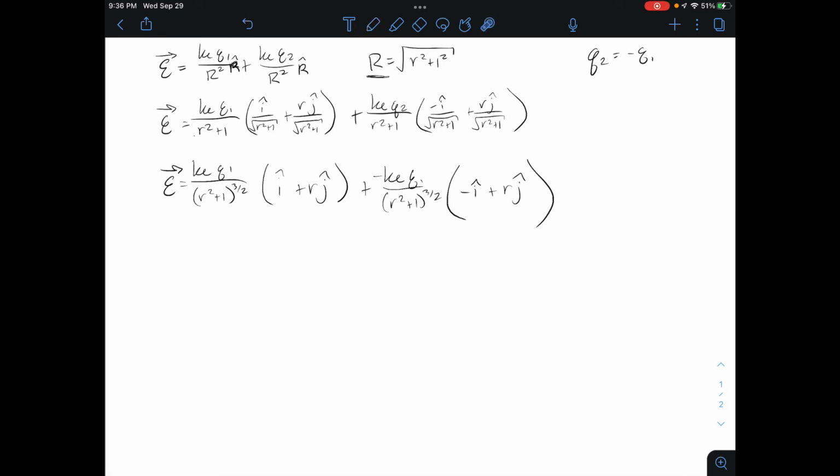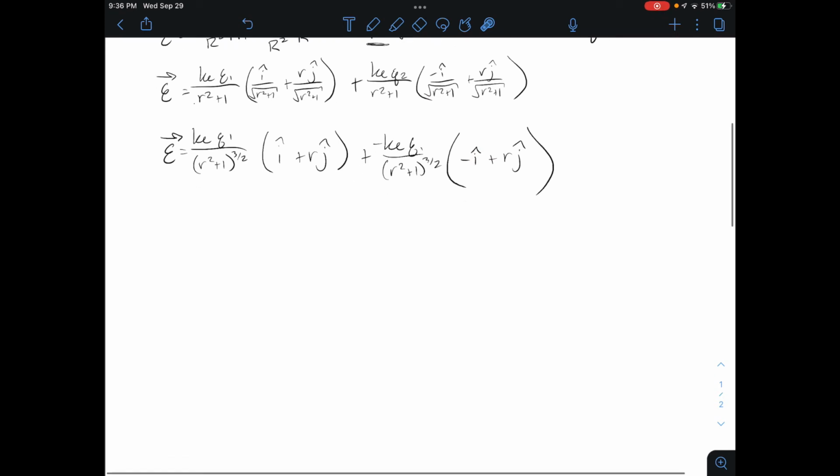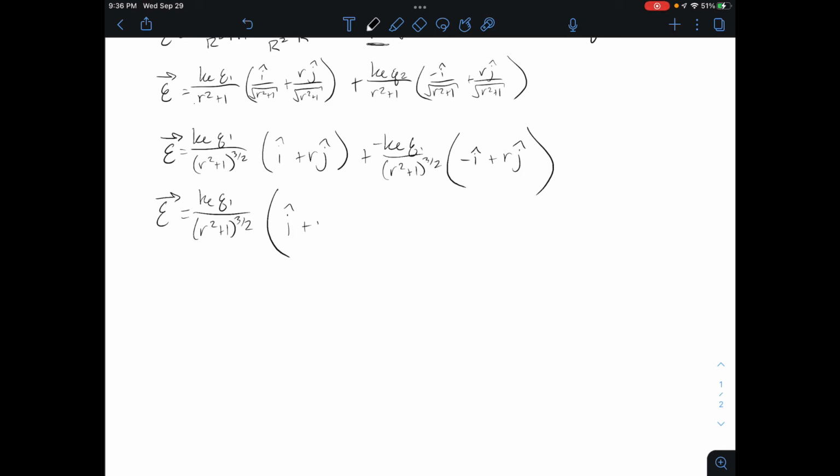Now I'm going to take this negative sign and move it into here, so that I can start combining these as well. I'm going to keep factoring. So this is equal to Ke, factoring out the Ke from each side, factoring out the Q1 from each side, and factoring out the r squared plus 1 to the 3/2 from both. That leaves us with this i hat plus r j hat, plus, because again it's the negative and the negative, an i hat minus r j hat.